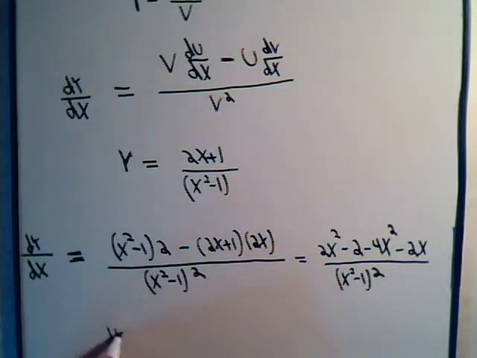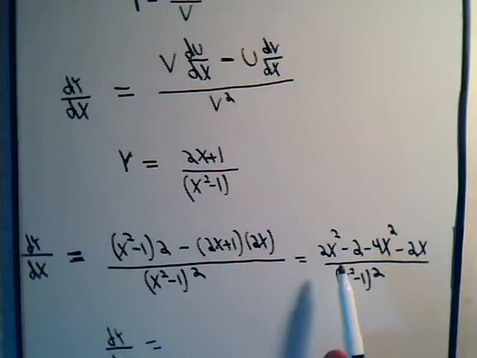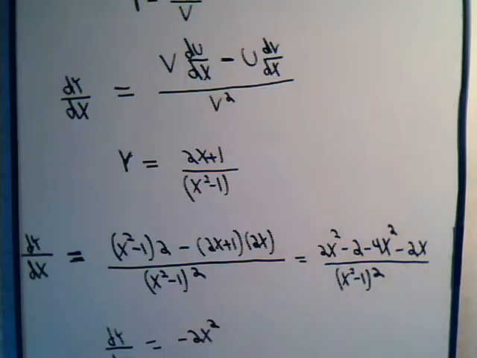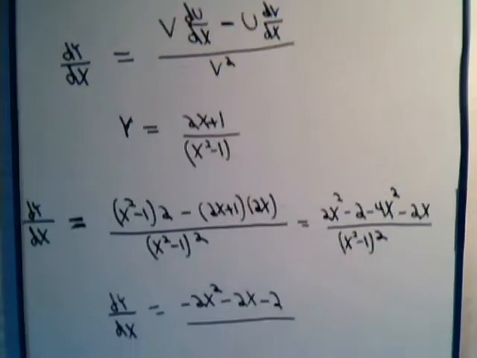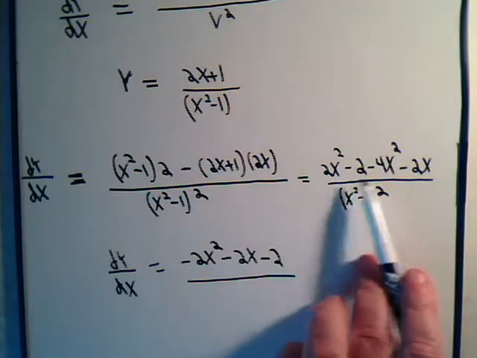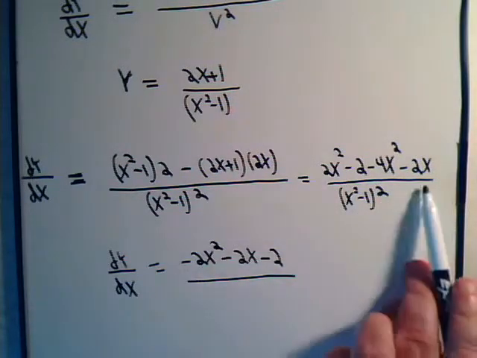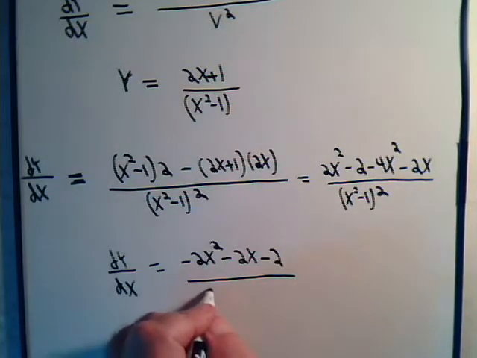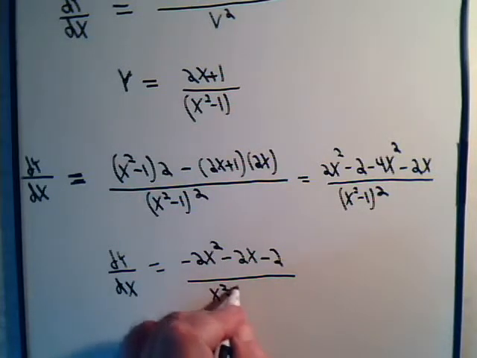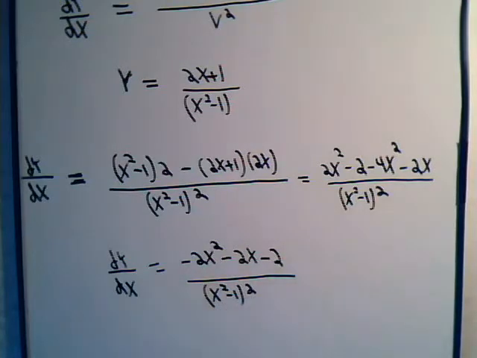So dy dx will equal 2x squared minus 4x squared, that's minus 2x squared, minus 2x minus 2. That minus that is minus 2x squared, and then we have minus 2x and minus 2 up here in the numerator. And down here we have x squared minus 1 squared. And if we want to, we could factor out a minus 2 out of the numerator up here, but essentially, that right there is our answer.